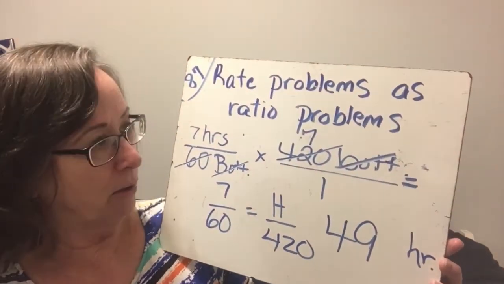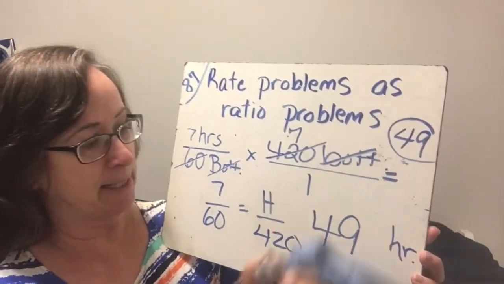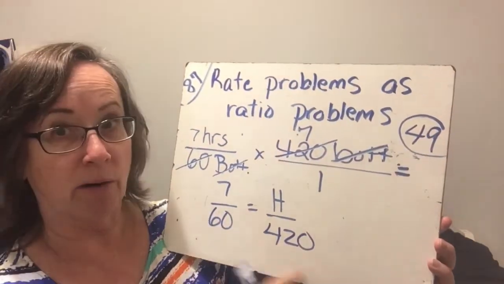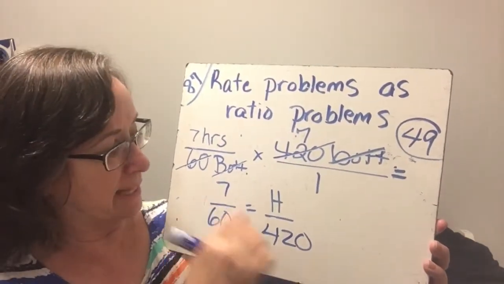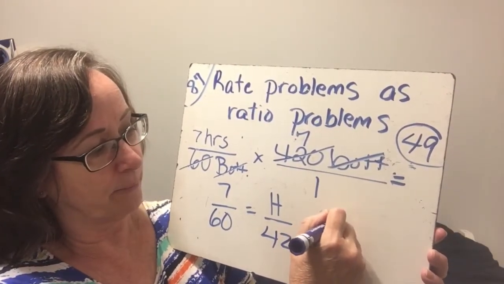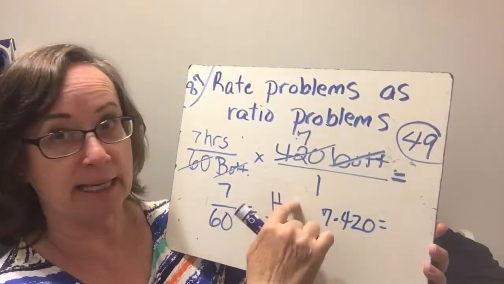Okay, so we know our answer was 49 hours on the first one. So we're going to erase this to give us a little bit of room. And then we're going to cross multiply. And we're going to get 7 times 420 is equal to 60H.